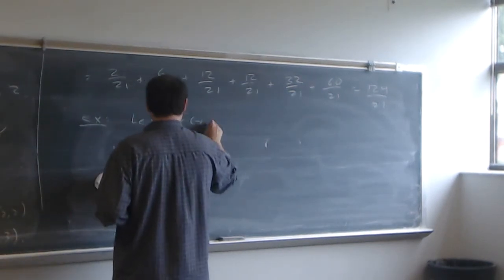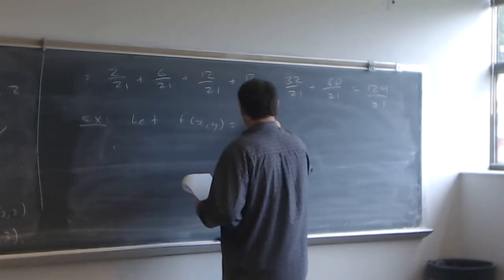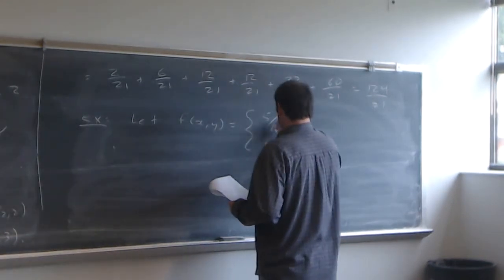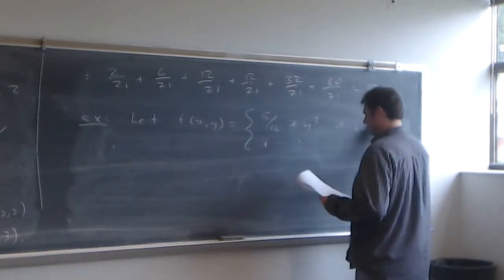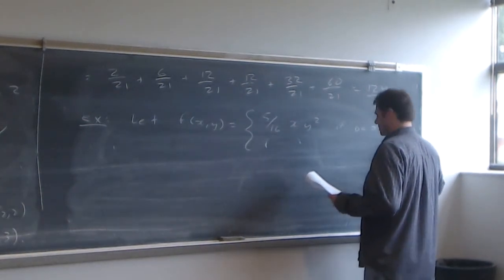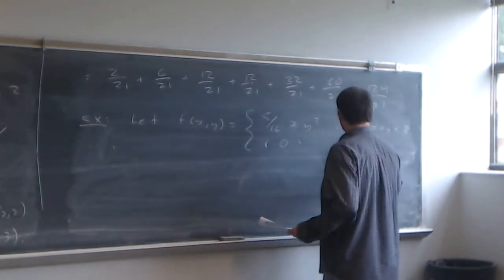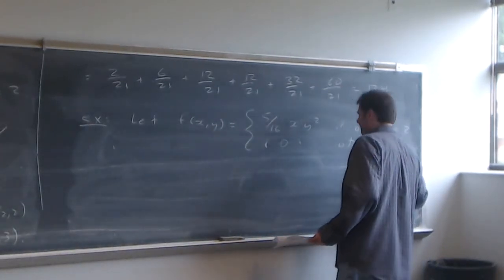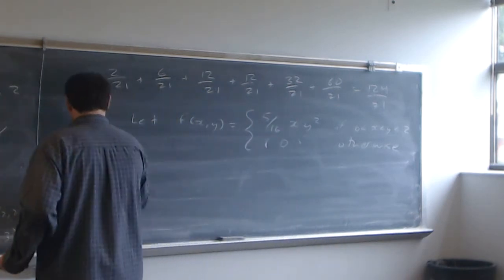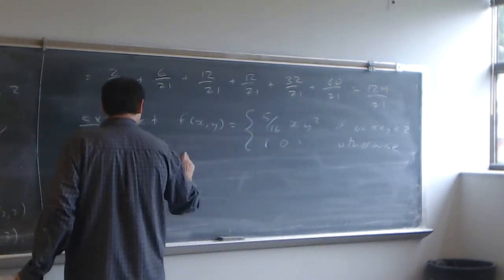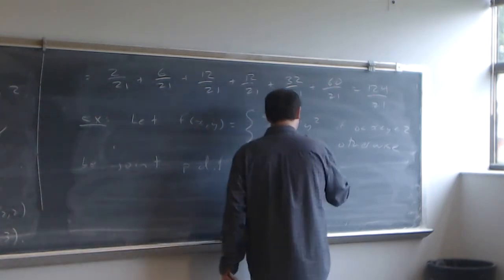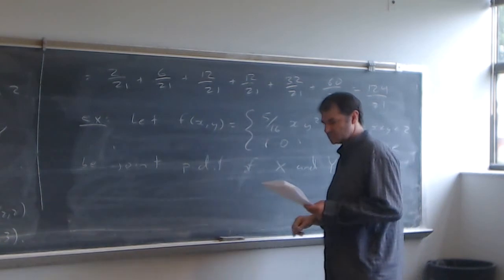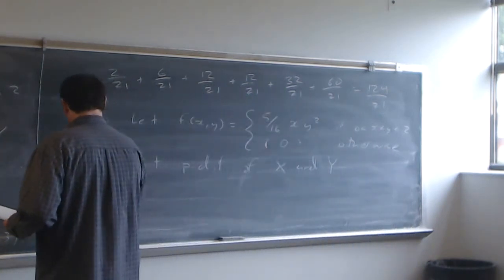So let's let, in the continuous case, f of x comma y equal to what we're familiar with, 5/16 xy squared if 0 is less than x is less than y is less than 2, and 0 otherwise, be the joint PDF of x and y. Again, I'm going to have the same directions.